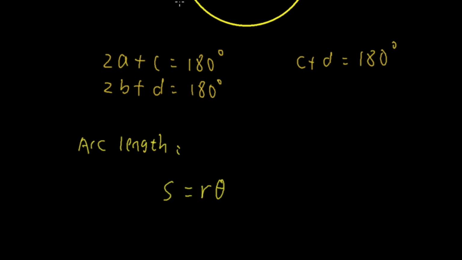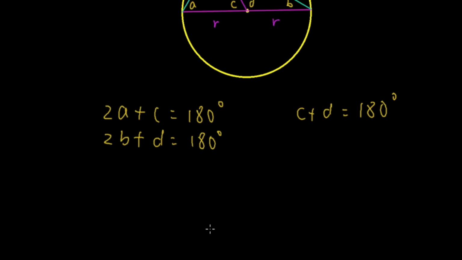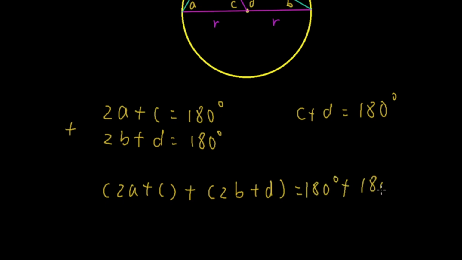Okay, now let me erase this first for now. With this, we have a system of equations. Let's solve for them. If I add these two equations together, then I will have 2A plus C plus 2B plus D is equal to, the right side will be 180 degrees plus 180 degrees.